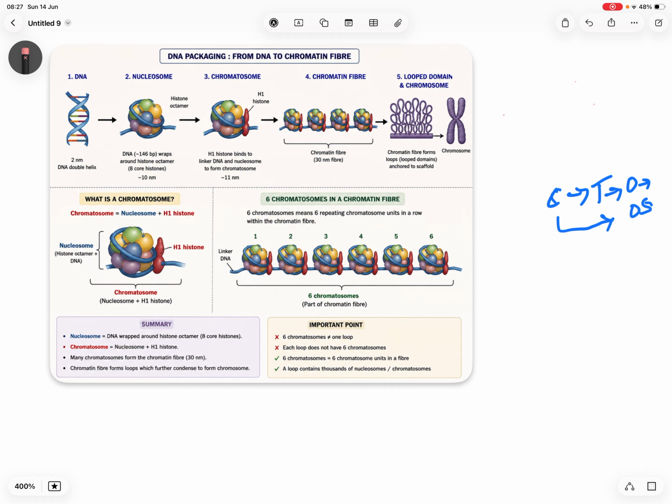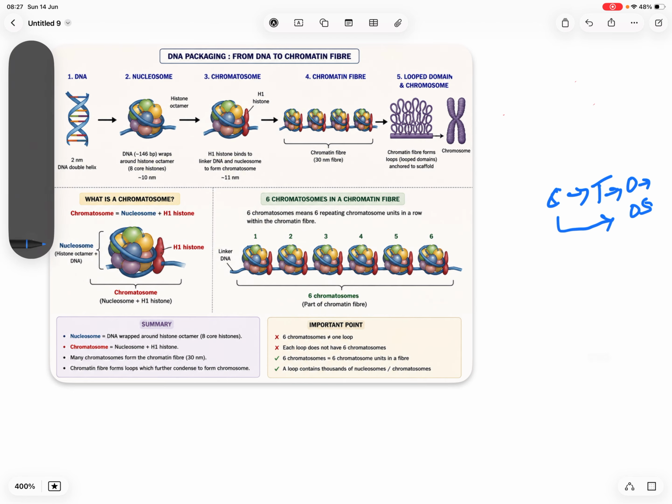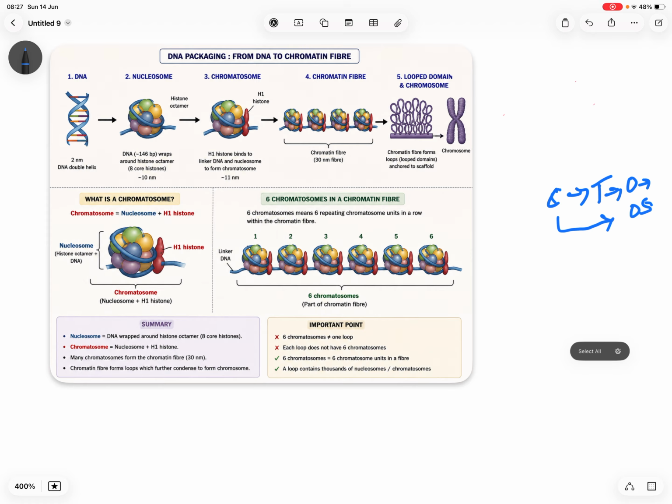Similarly, when we take this genetic material from DNA to the chromosome structure, we see different levels of organization, and we find the compact, complex structure of this particular molecule.